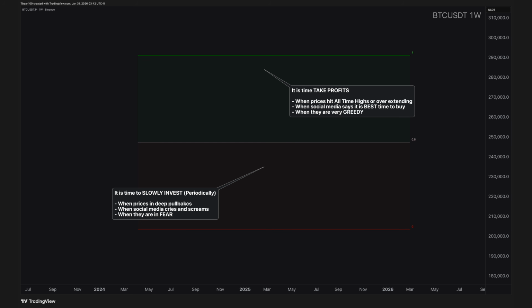But in my opinion, the best time to buy anything in the world is when prices are cheaper or crashing. When I see deeper pullbacks, that's when I like to invest. Especially when I look at social media and everyone is crying and screaming like Bitcoin is going to be $1 and fear is everywhere. Those are the best times for me to buy and wait it out.